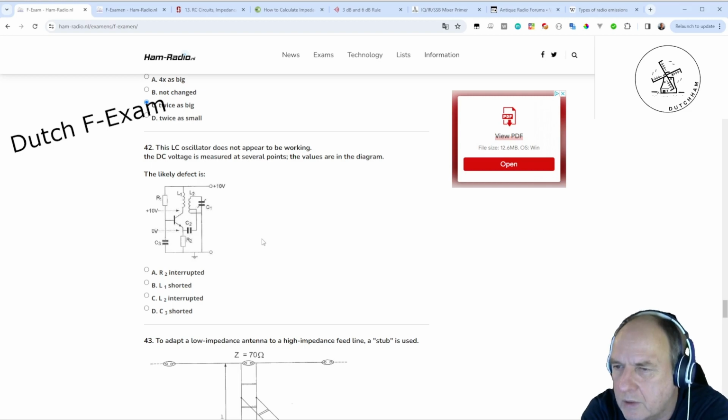L1 is shorted. I guess that also doesn't make sense, because for DC current L1 shouldn't have too much of an effect.